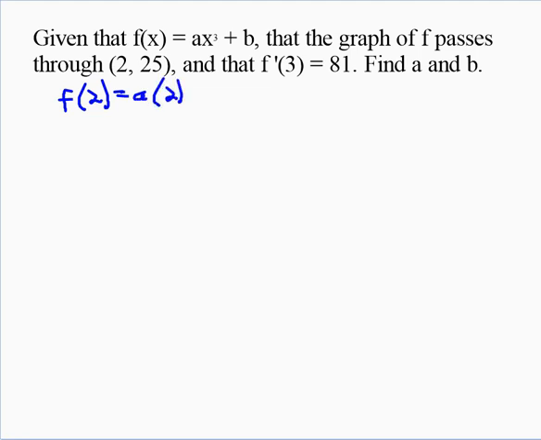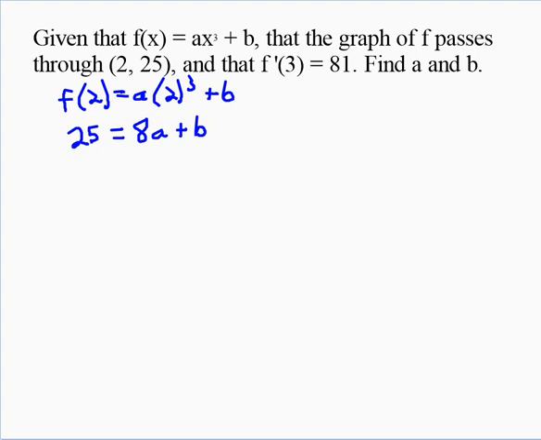So a times 2 cubed plus b. And now we also know when 2 goes in, we're going to get 25. So instead of writing f of 2 here, we know our f of 2 value is 25, and we can say this is 8a plus b. Can't do a whole lot else with that. We have an a and b in there.